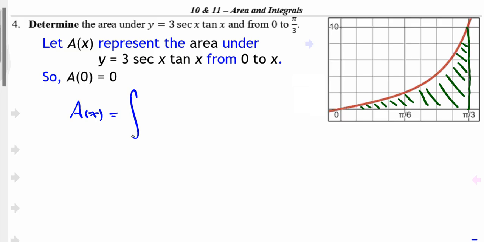The integral, or antiderivative, of 3 secant x tan x dx. Notice, I've taken the 3 out in front of my integral sign because it has no x's with it. So again, if I have some constant that's multiplied, I can factor that constant out in front of my infinite sum.